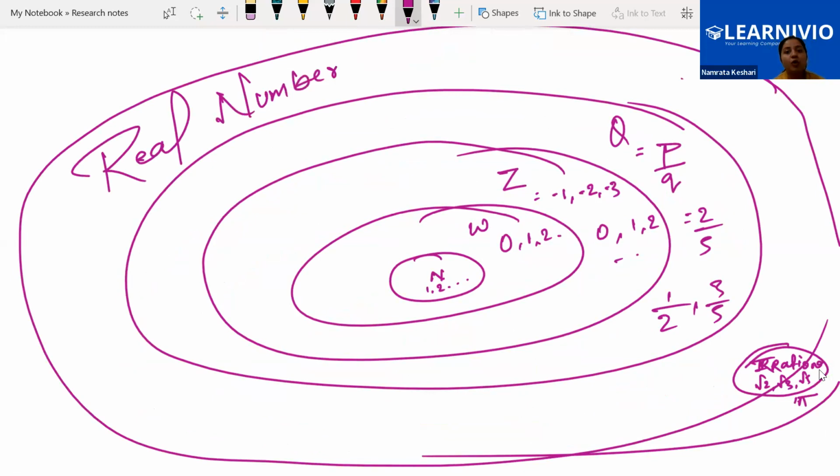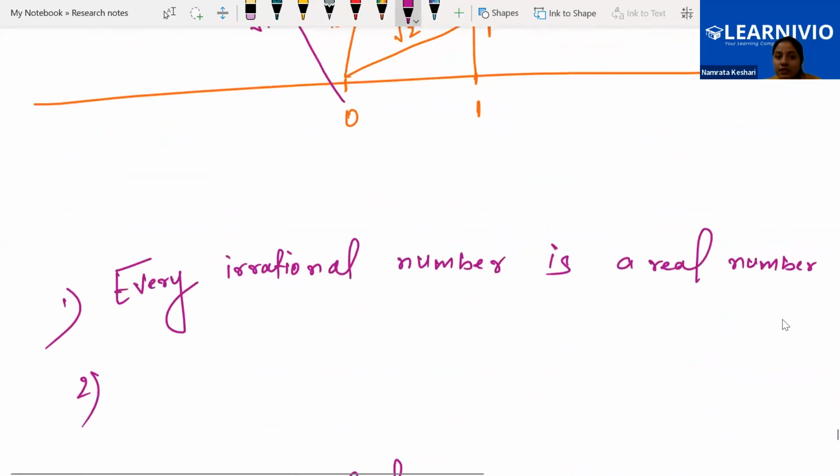Are you getting my point? So see the statement: every irrational number is a real number. Yes, every irrational number, every rational number, everything comes in this real number. Got it? So don't get confused with the name.